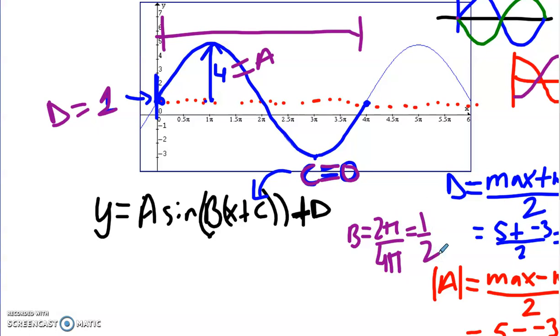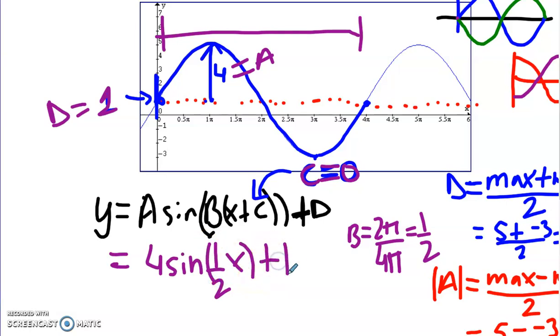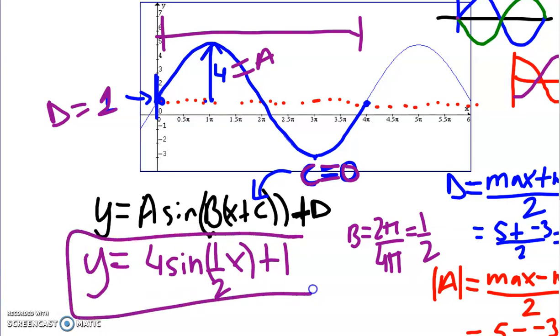So now we have our A, B, C, and D, so we can write our sine function here. This is equal to 4 sine, our B value is a half, C is 0, so this is just sine of half x, plus the D value, which is 1. So this is the final function in terms of sine.